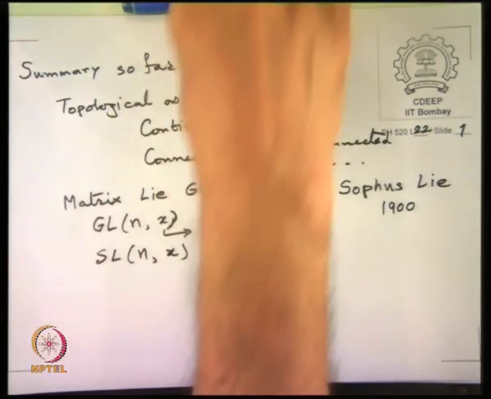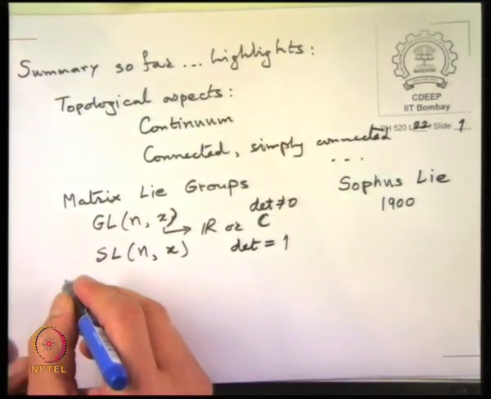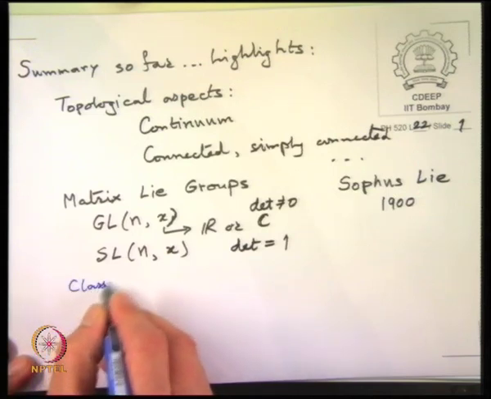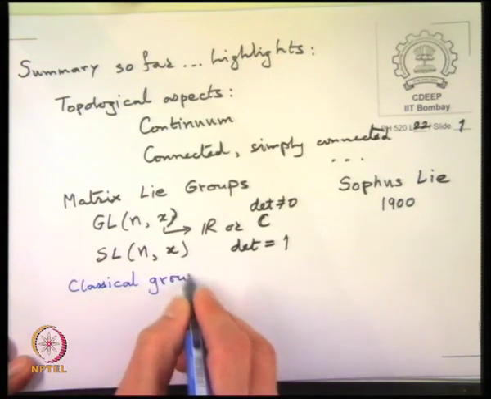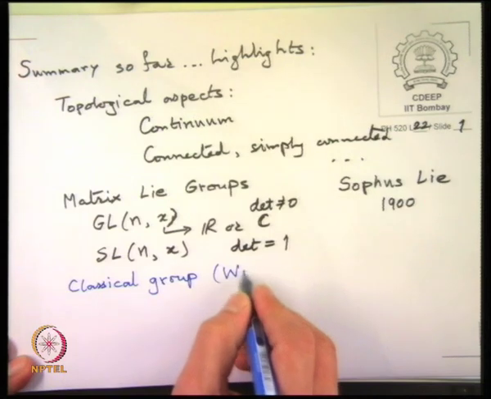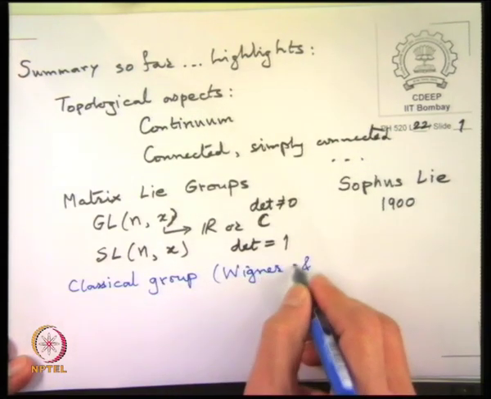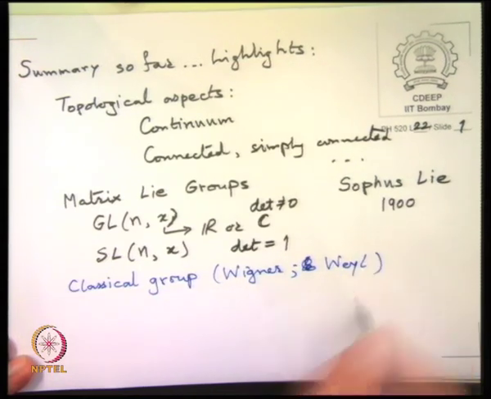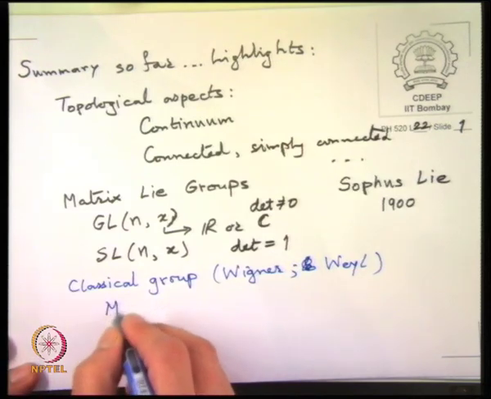Okay, and then, so I am just going to do this quickly because we don't want to spend too much time. And then the so-called classical groups, according to Wigner and Weil, which is essentially metric preserving.